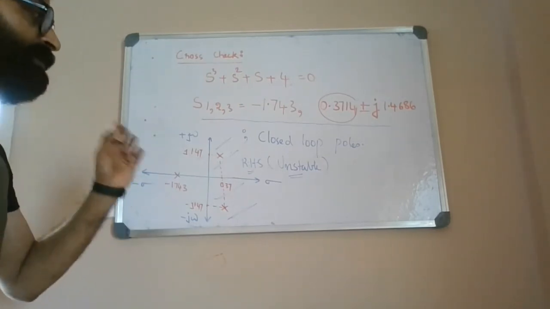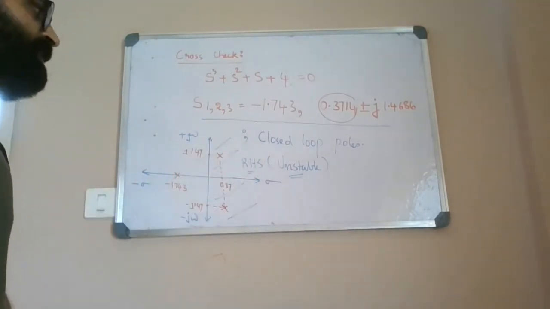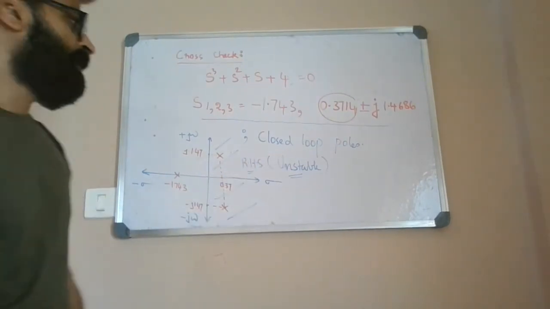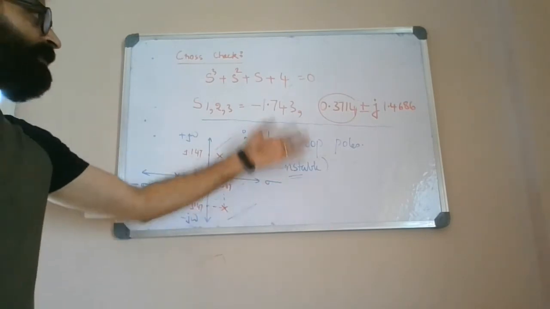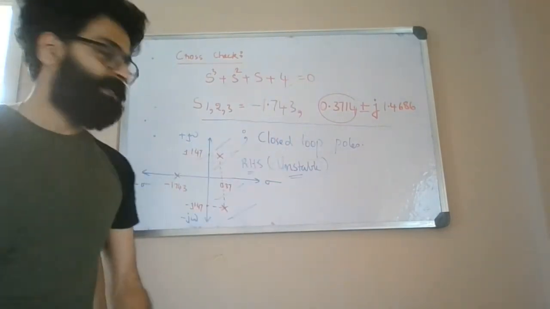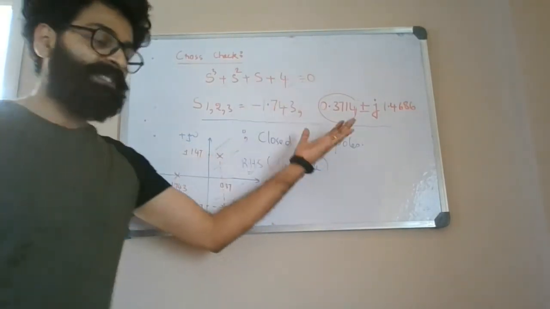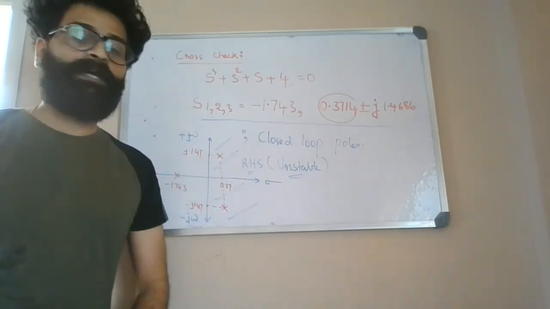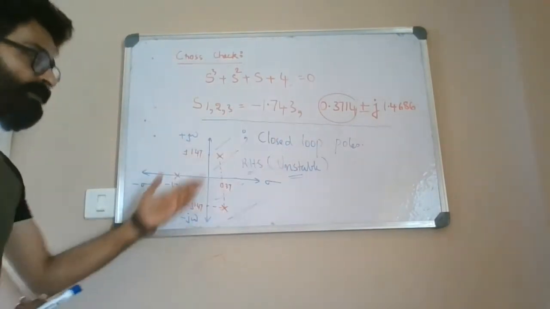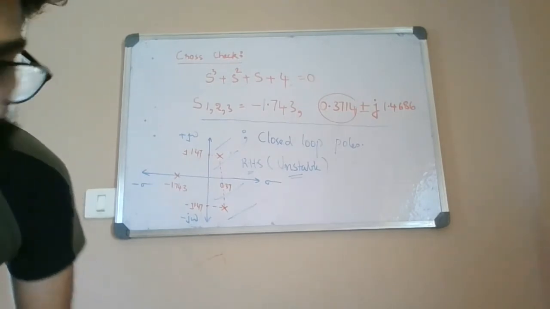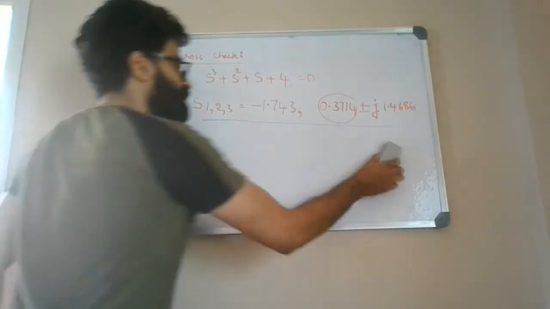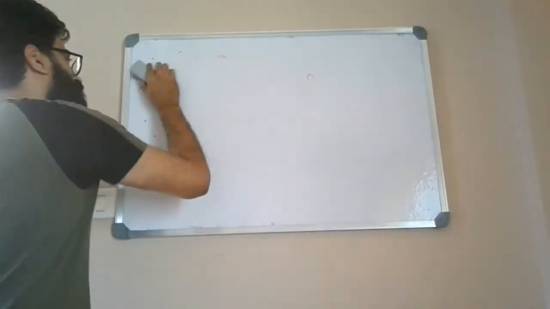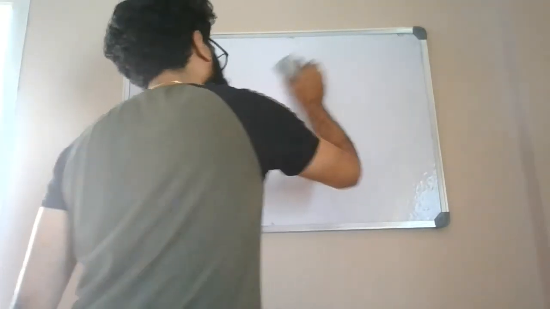If any one closed loop pole is present on the RHS of the S plane, you can call it unstable. So the Hurwitz criteria result is fitting well with the conventional approach, that is physically solving the roots of the characteristic equation. All right. So both the methods are giving consistent results. Okay. So this way you can cross check your answer. All right. Fine. So that's about Hurwitz criteria.